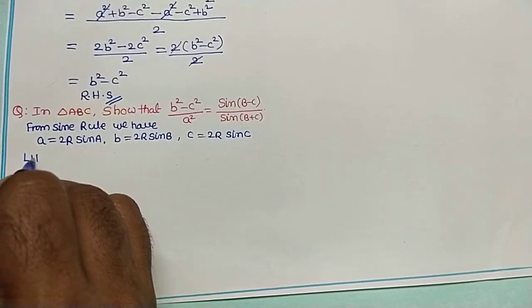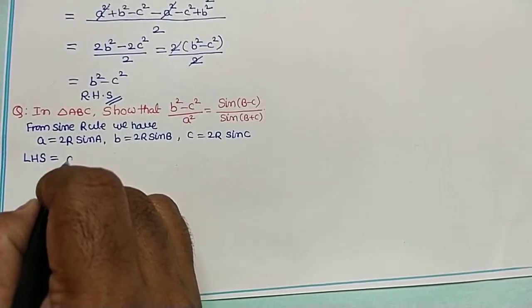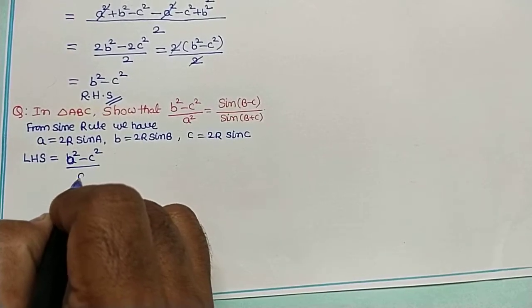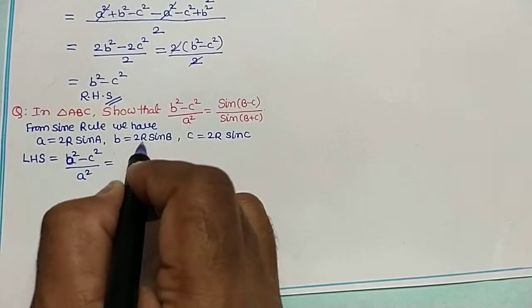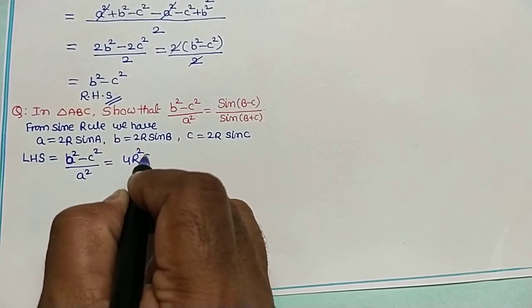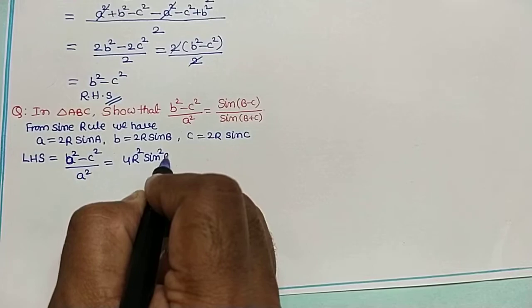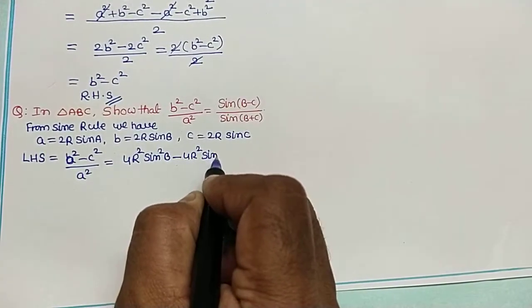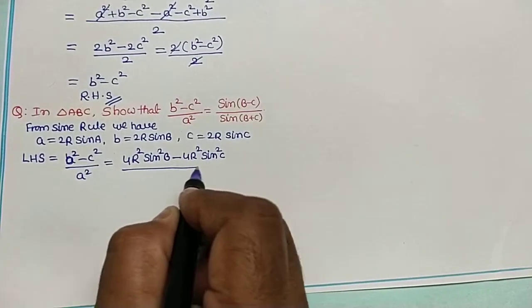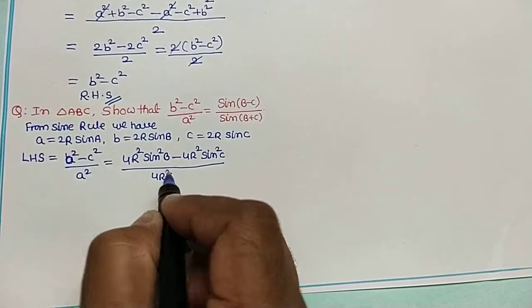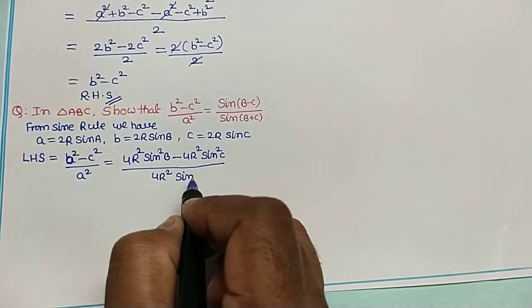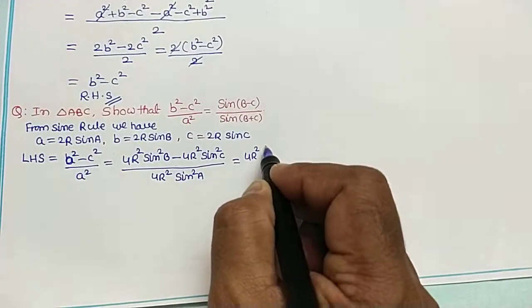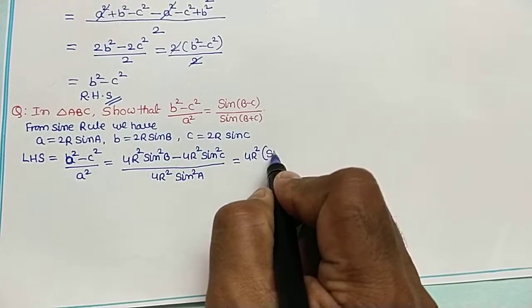Consider LHS. B square minus C square divided by A square. B square means 4r square sine square B minus 4r square sine square C divided by 4r square sine square A. So 4r square take common and cancel in numerator and denominator.